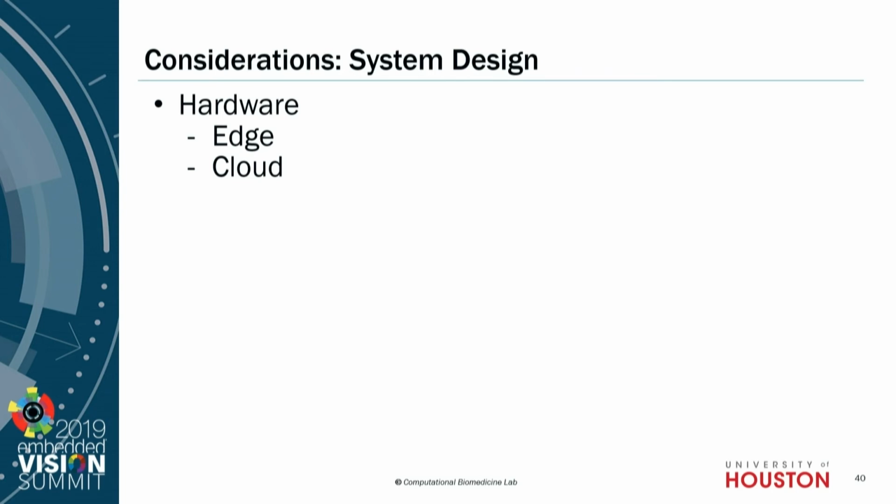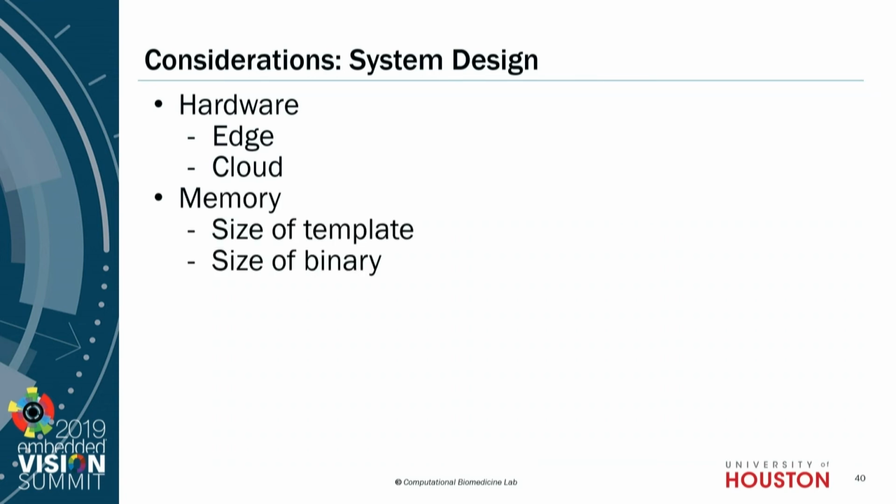Now, in terms of system design, of course, there is the perennial question whether you want to do the computation at the edge or you want to do it in the cloud. But I want to point out the effect not only on the size of the template, because the size of the template that I can use for my credit card is different from the size of the template I can use for my passport, and it's different from another access control application. But also, what is the size of the binary of the face recognition algorithm that you need to deploy?